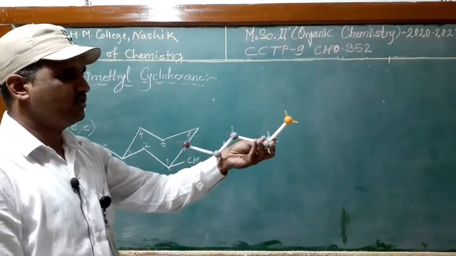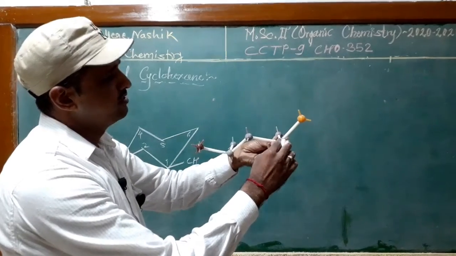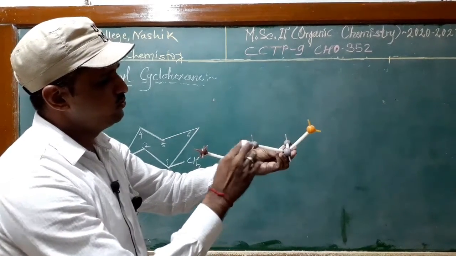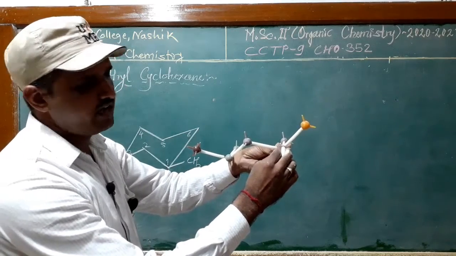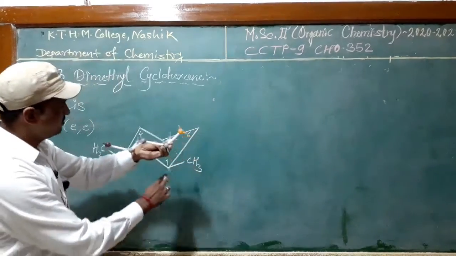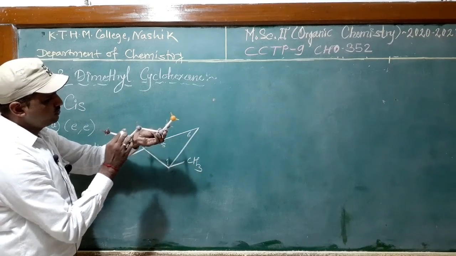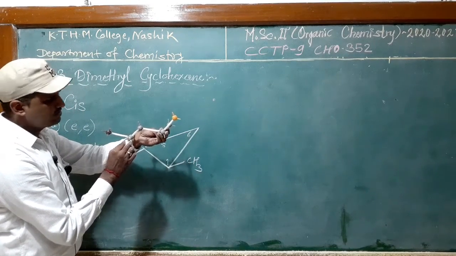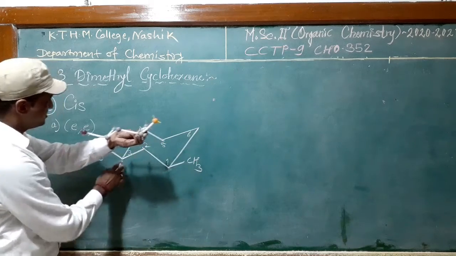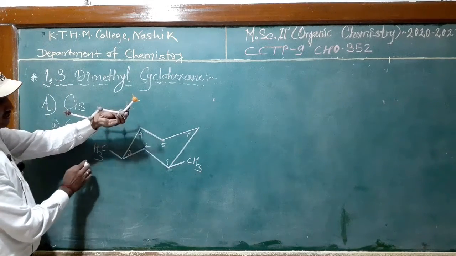The chair conformation looks like this. Carbon number 1, 2, 3, carbon number 1 having equatorial CH3, carbon number 2, next carbon is carbon number 3 having this equatorial CH3.